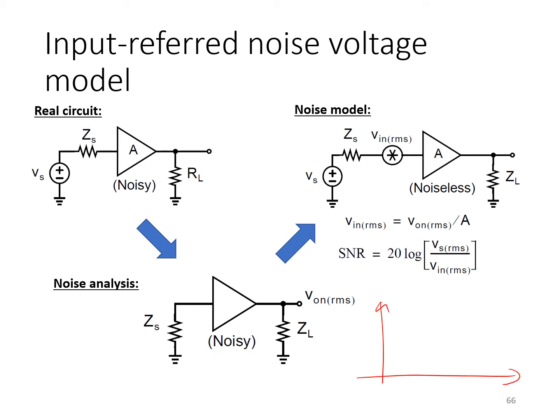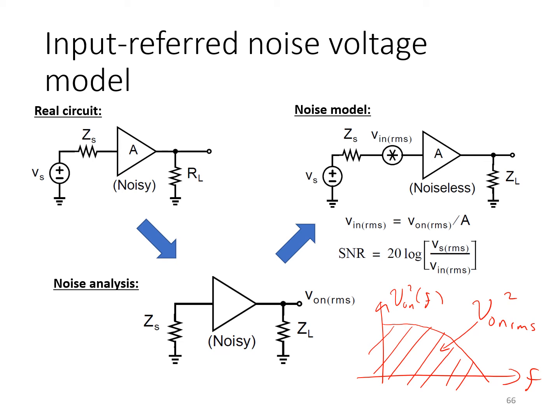giving rise to some output noise power spectral density like this. And then we integrate that to find the output-referred RMS noise squared. We can take the square root of that to find the output noise RMS.